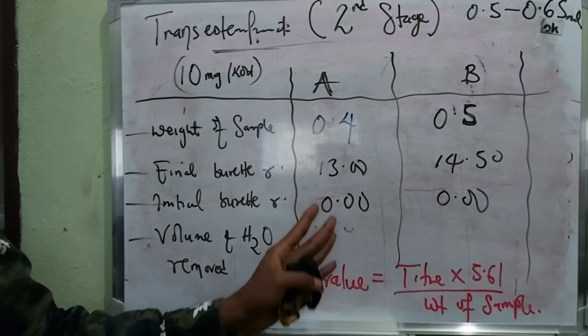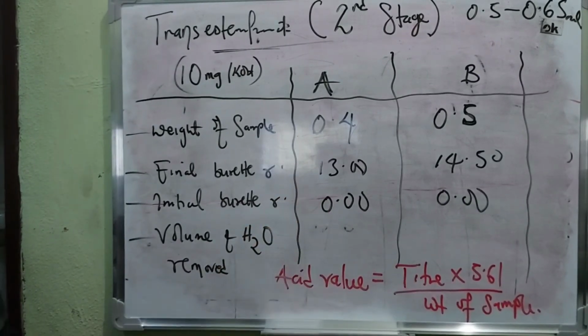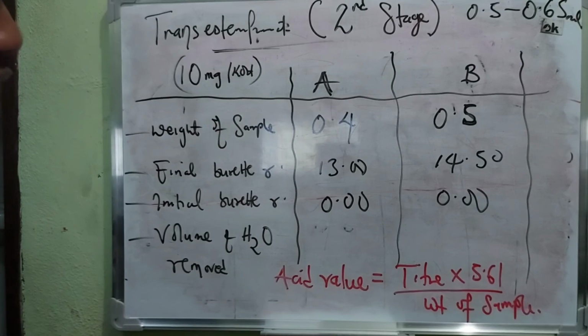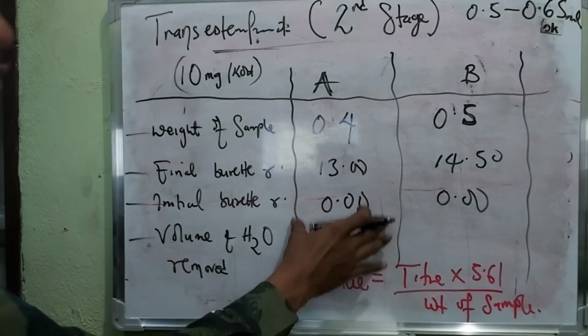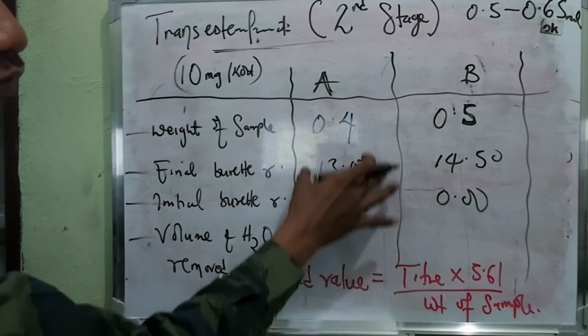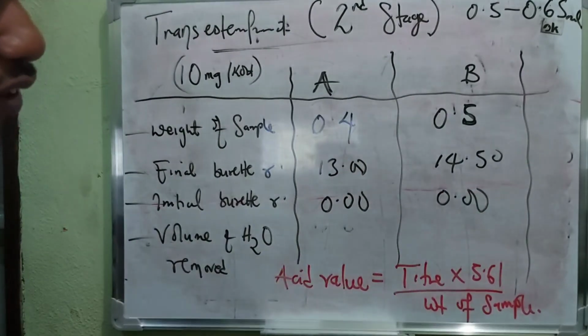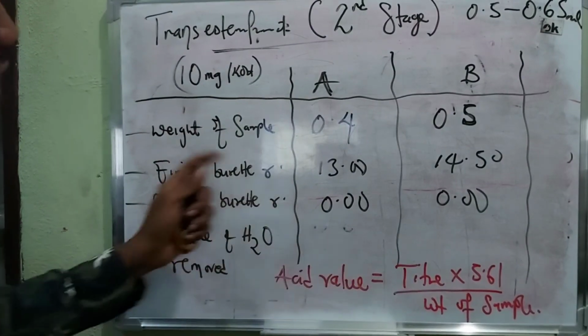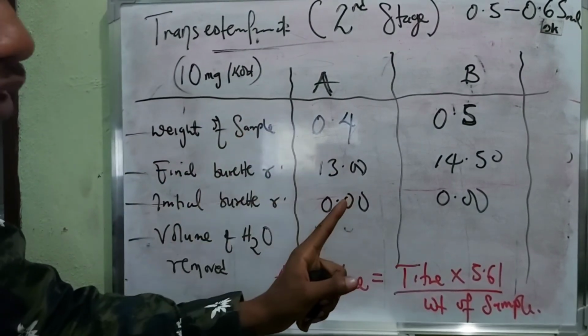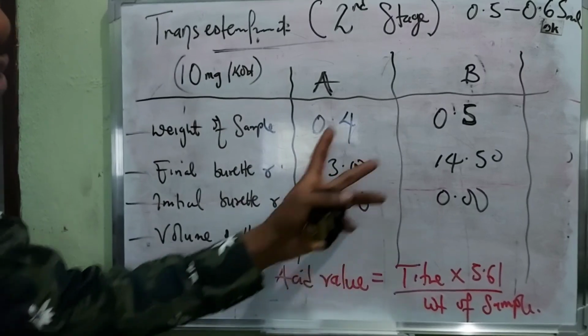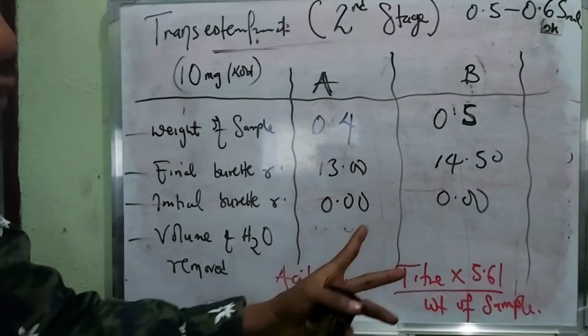It's preferable to do them independently, in the sense that you find the acid value for the first aliquot, then find the acid value for the second aliquot, because for each interval, 0 minutes or 30 minutes, you take 2 portions. We are running 2 portions.